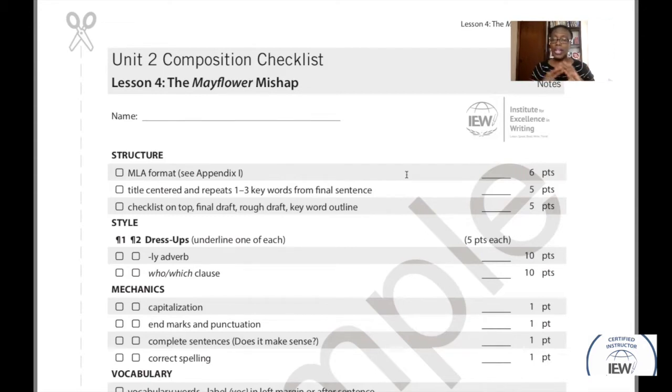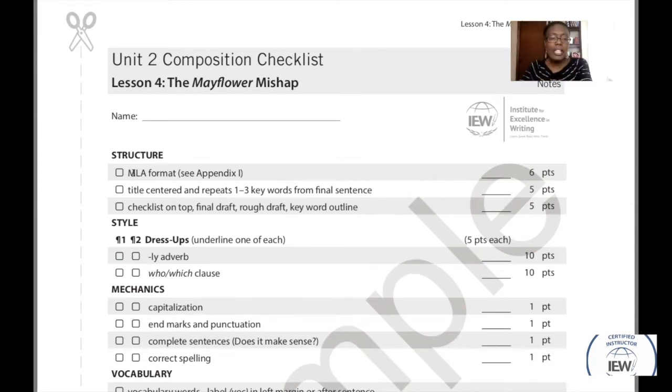You'll notice on every single checklist that comes with every paper they write in the curriculum, they are given requirements for structure. The first requirement is that they follow the MLA format that is provided in the appendix of this book. So not only are they required to include it, but they have information on how to include MLA format in their paper, what MLA format is.